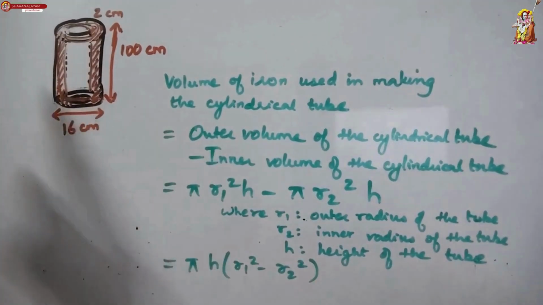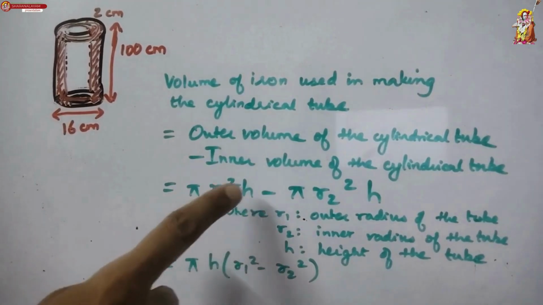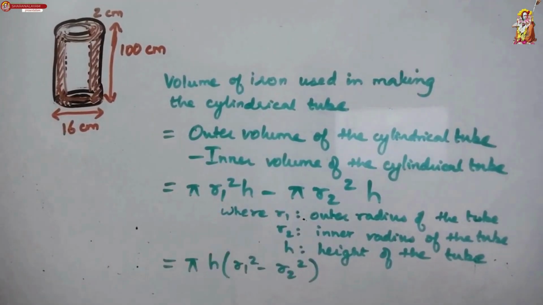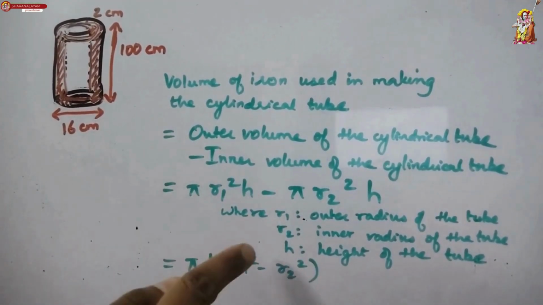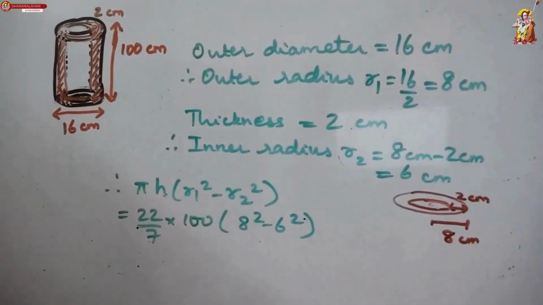Now, that comes to pi r1 square h minus pi r2 square h, where r1 is the outer radius of the tube, r2 is the inner radius of the tube and h is the height of the tube. So, taking pi and h common, we have pi h within brackets r1 square minus r2 square.